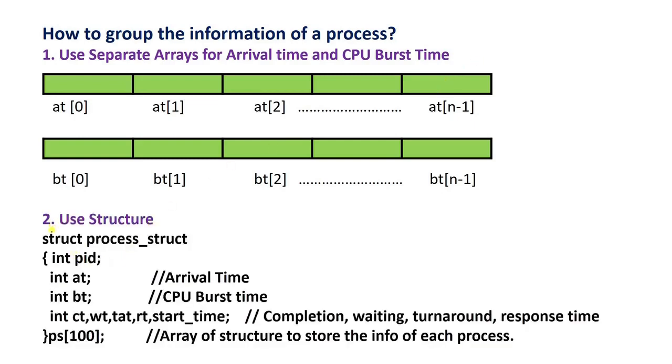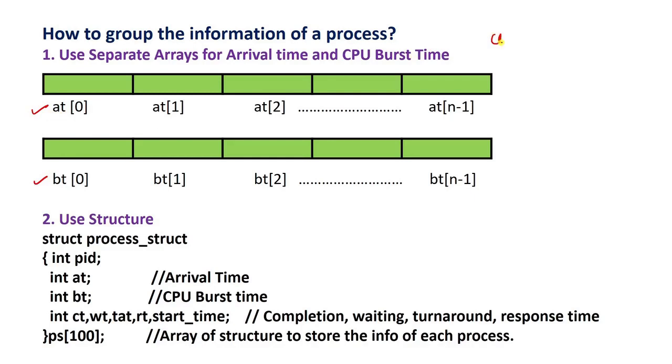What is that? We can use a structure. That means the PID, that is the process number or the process ID, arrival time, burst time, completion time, and all the information of the process we can group inside a structure. Okay, so that under a single name we can store the information of the process. Here we have to remember many names like arrival time, that is the array AT, BT.